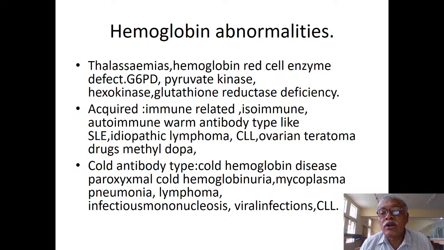And then you can have mycoplasma pneumonia and lymphoma. These are all the conditions where you can expect a cold antibody type of paroxysmal cold hemoglobinuria due to damage of all the RBCs.